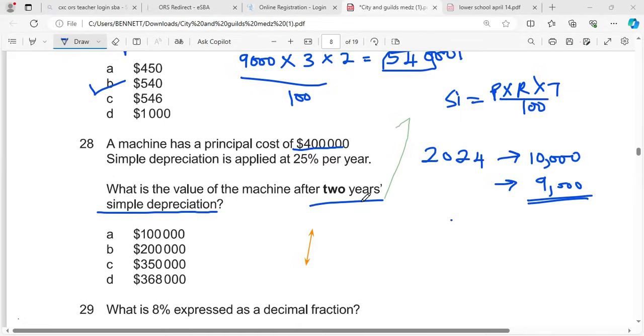So you're just going to multiply 400,000 by 25 by 2, then you divide it by 100.